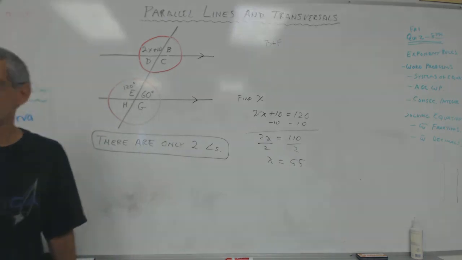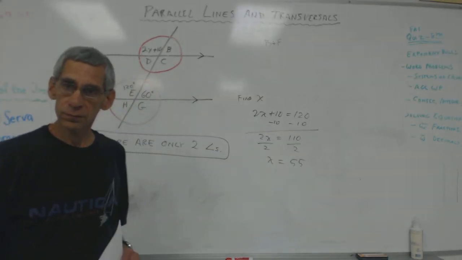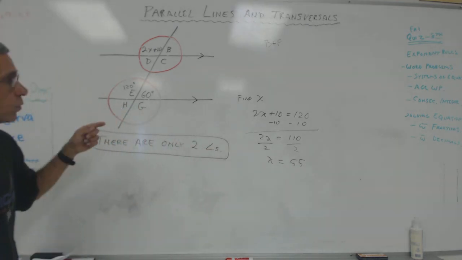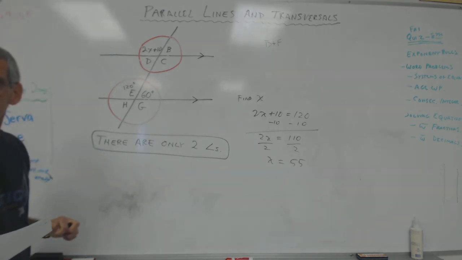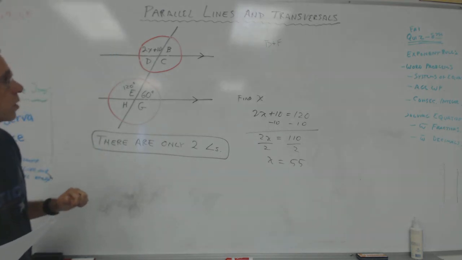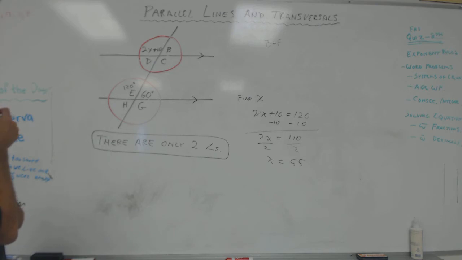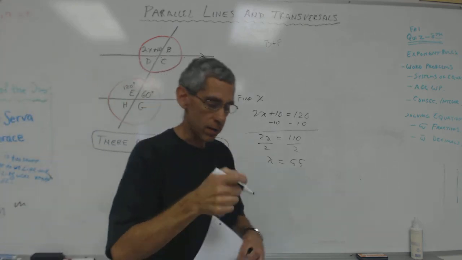How is that related to geometry, though? I know you said that there's some algebra in geometry. Well, this is the algebra part in geometry. But why would you want 55, though? Because you need to know how to do that. That's a good question. I don't know, let me think about it.